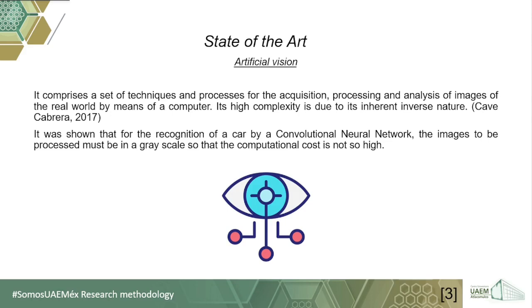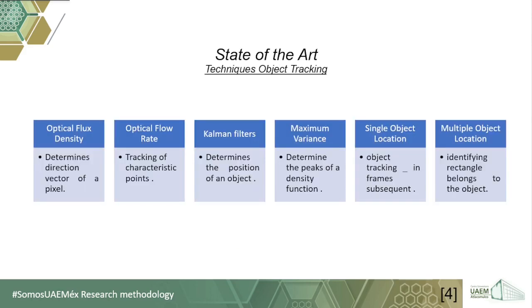So for this work, it was shown that for the recognition of a car by a convolutional neural network, the image to be processed must be in grayscale, so that the computational cost is not so high. There are object tracking techniques, like optical flux density that determines the direction vector of a pixel.